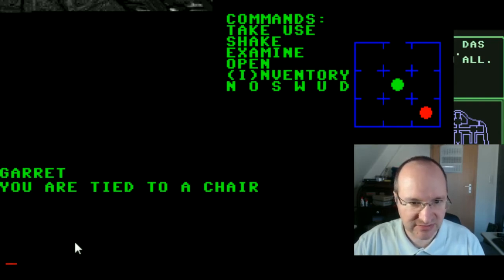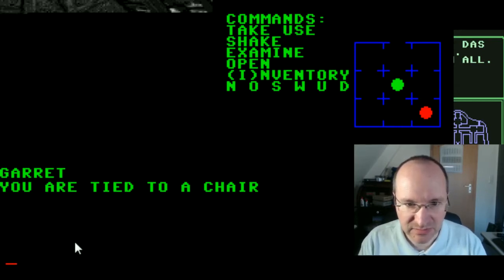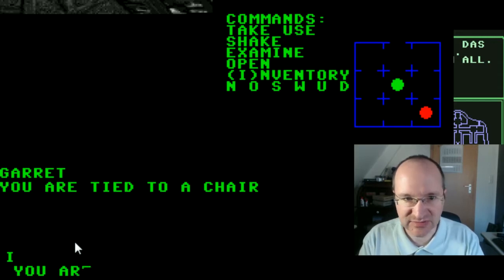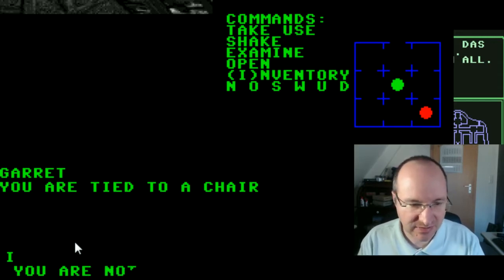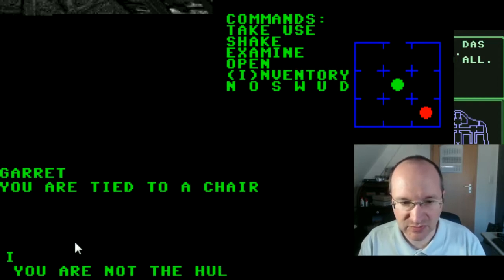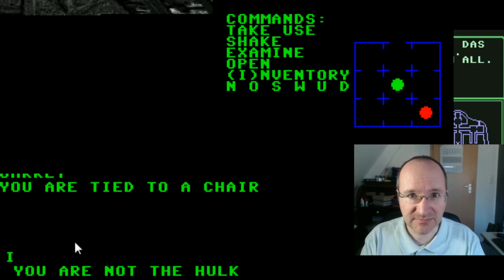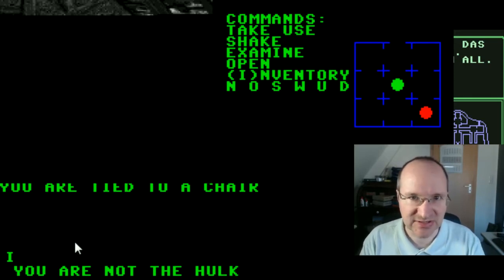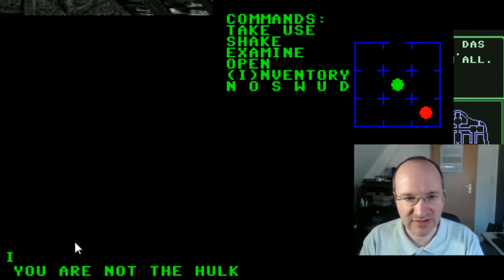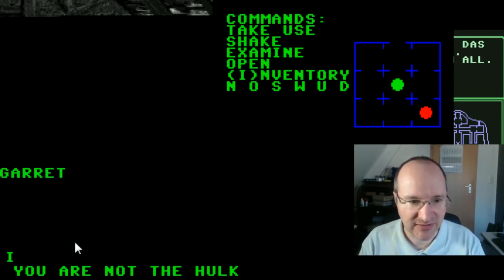For example, if I say inventory, you see it's continuing to build up the graphics, and in parallel we can play the game. So it would not be a problem to make a let's play in real time, but then you would not see the graphics. So I will cut it down and always continue when the graphic is completely built up.